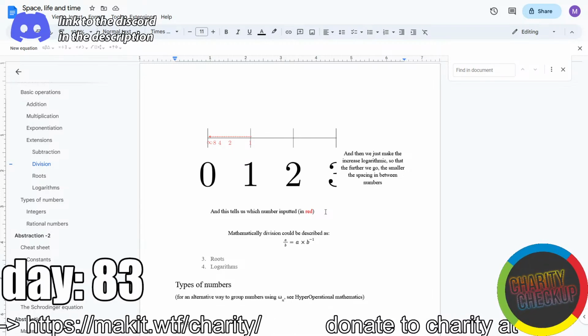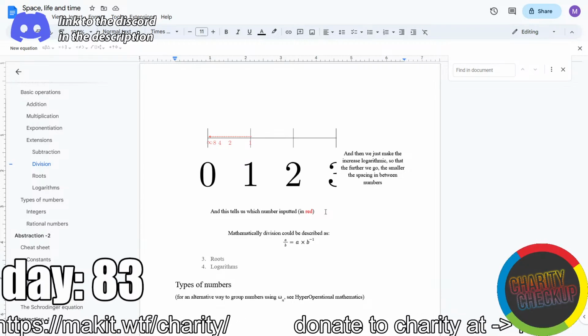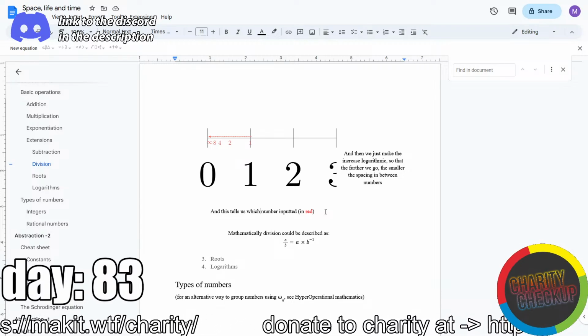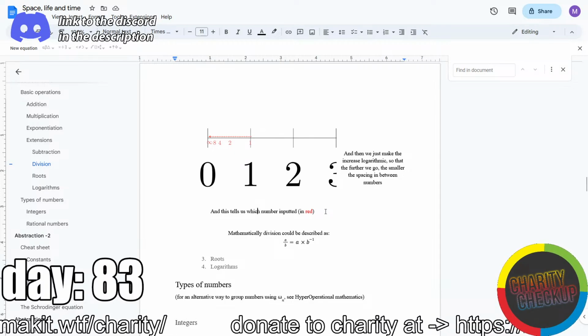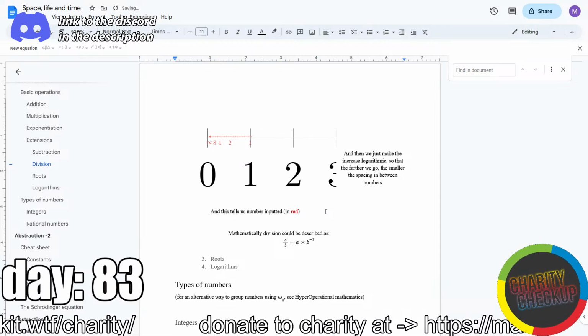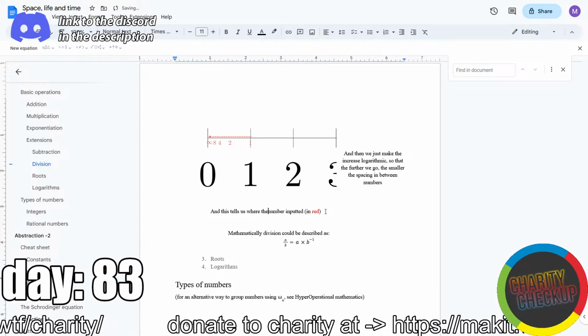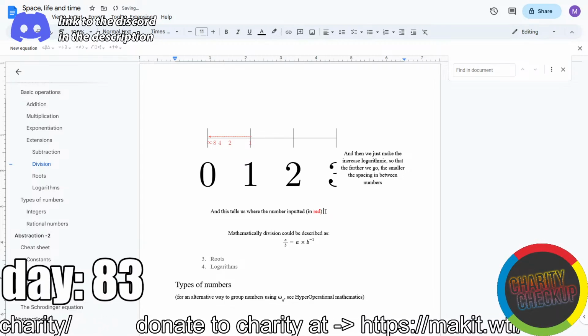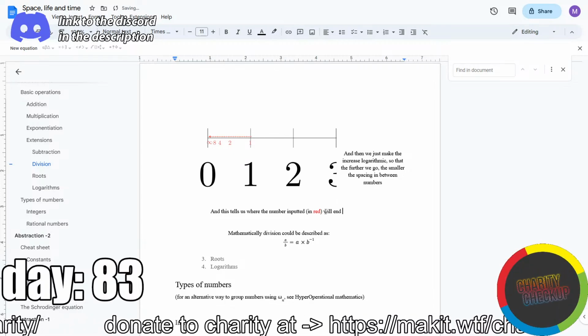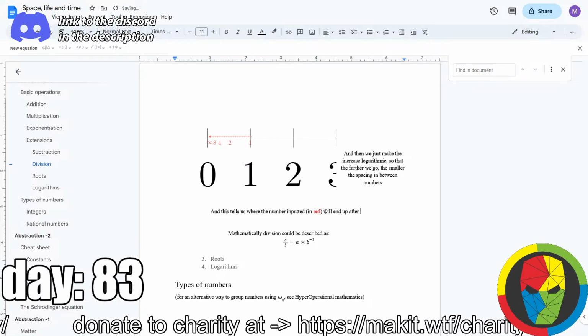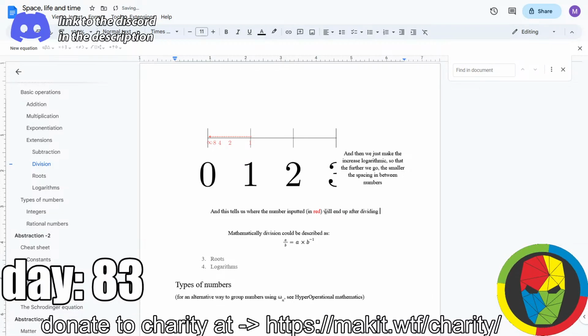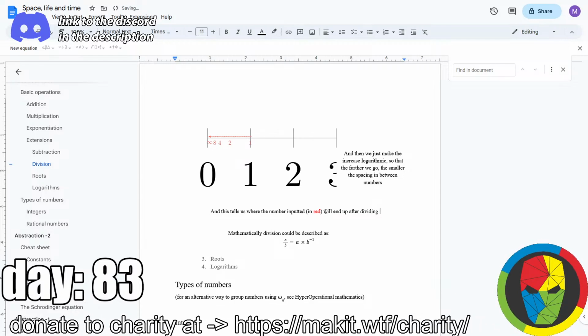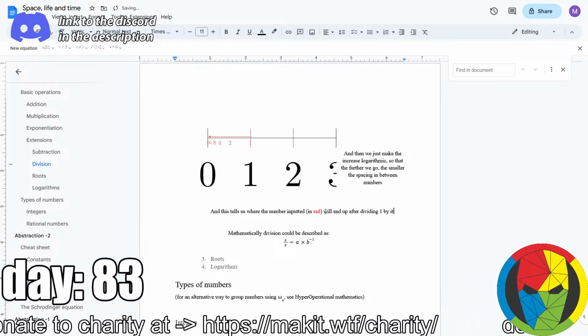Which tells us where the number inputted in red will end up after dividing 1 by it.